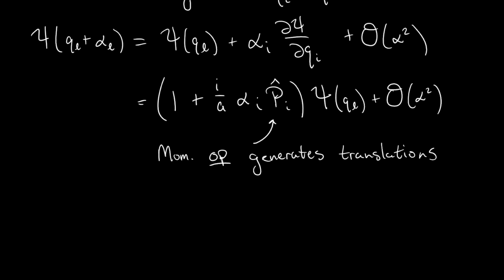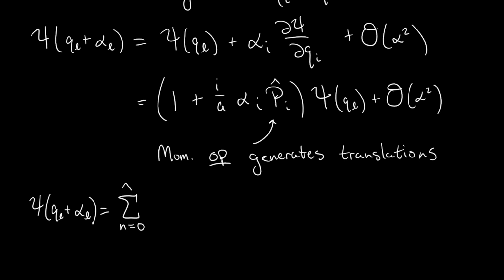And so actually, let's take this one step further and find a finite transformation. So keep doing these transformations over and over again. All we really have to do is assume that alpha is finite, and then just keep expanding. We keep expanding to higher and higher orders in alpha. And what we get is a Taylor series.